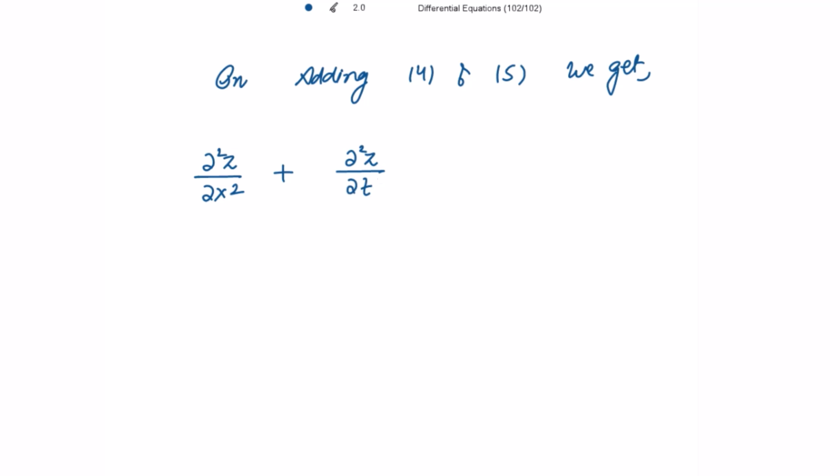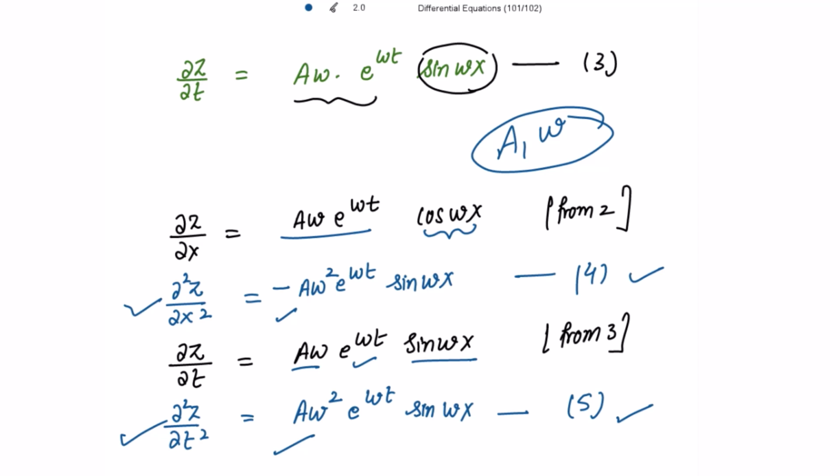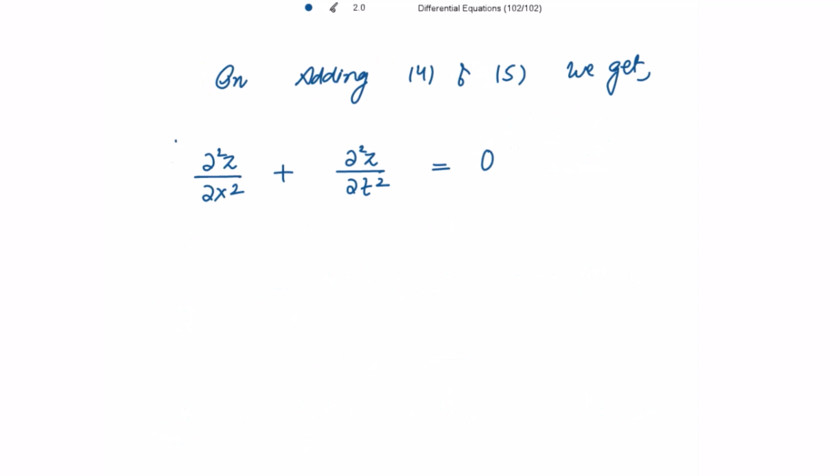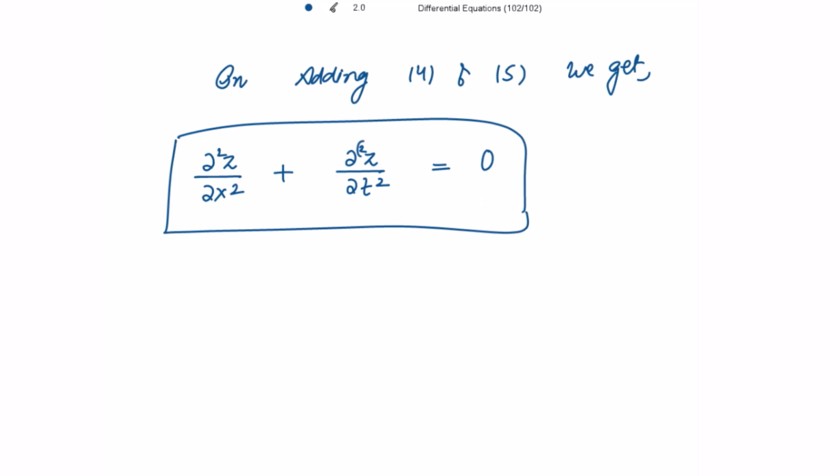So on adding 4 and 5, we get partial derivative of z with respect to x of second order plus partial derivative of z with respect to t of second order is equal to, these two cancelled out when I add these two. So here we get 0. So this is the required partial differential equation of order 2, right? So this is the required partial differential equation of second order.